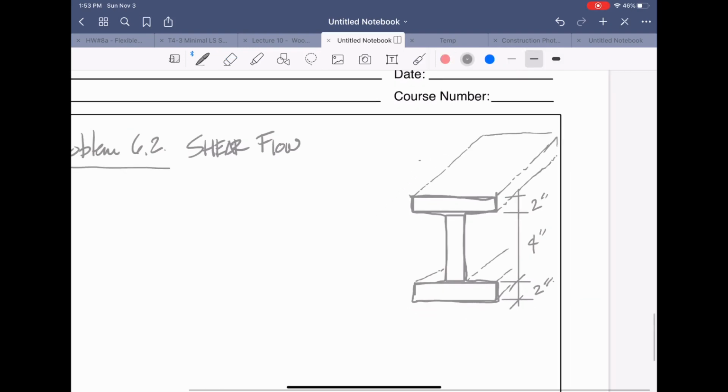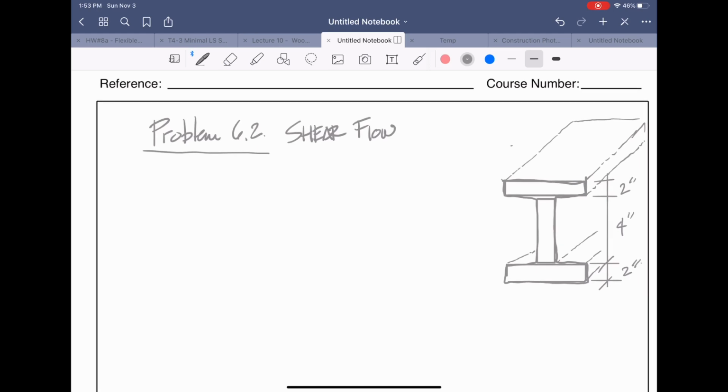Now, they tell you that V allowable is equal to 150 pounds per nail. So what does that really mean?